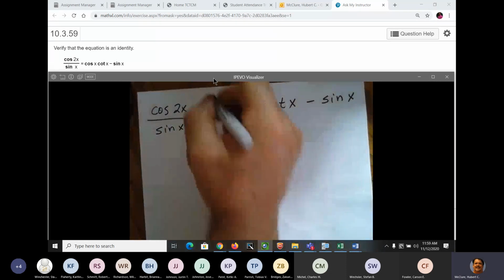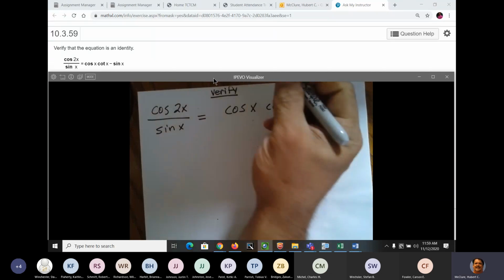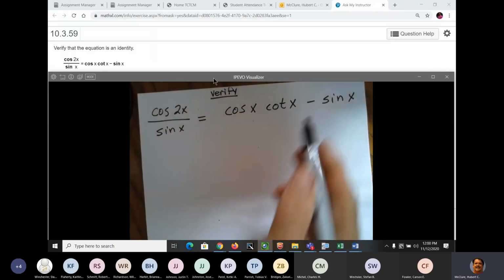And they want you to verify. Well, that's when you pick the most complicated side, and I'm going to pick the right-hand side.